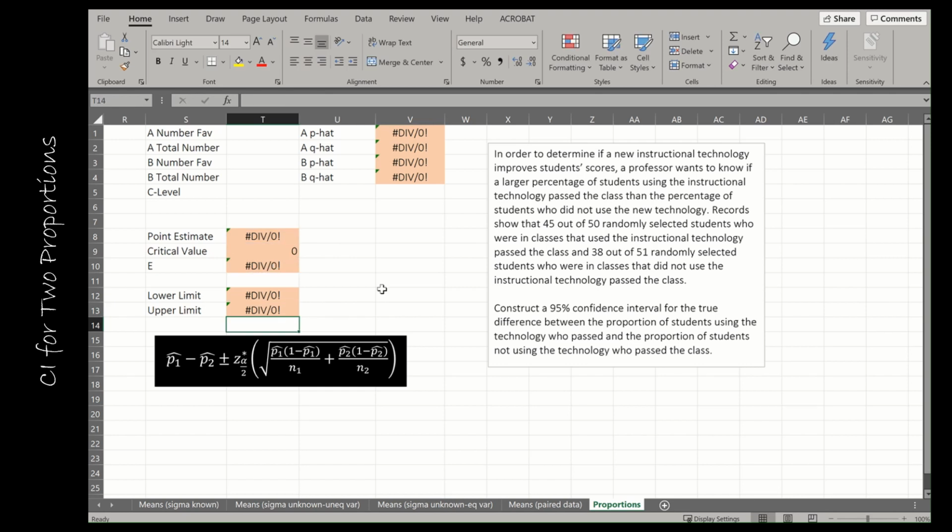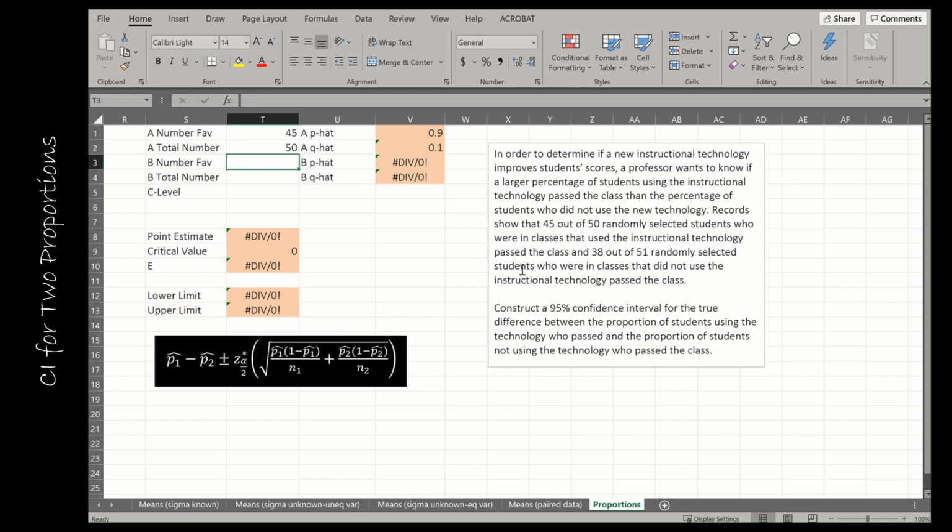So now let's enter our values. We're looking at a new instructional technology, and we want to know if a larger percentage of students who use the instructional technology pass the class than those who do not. So there's 45 out of 50. And notice that's filling in the 0.9 and the 0.1. Those two should add up to 1.